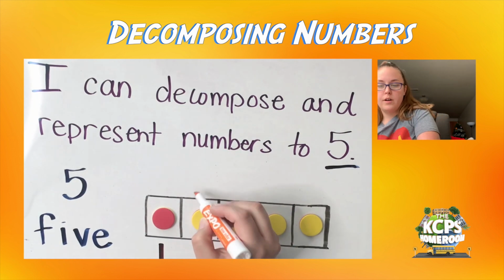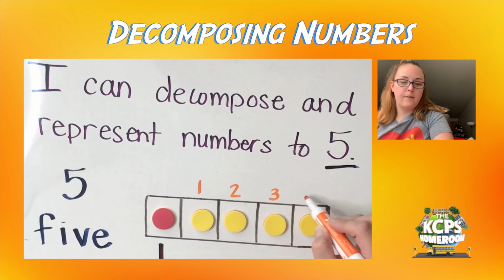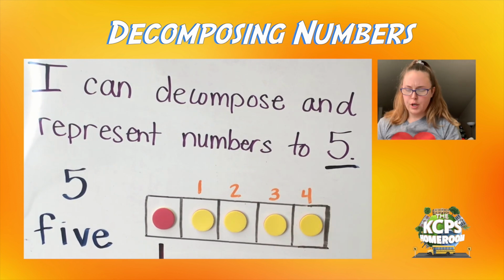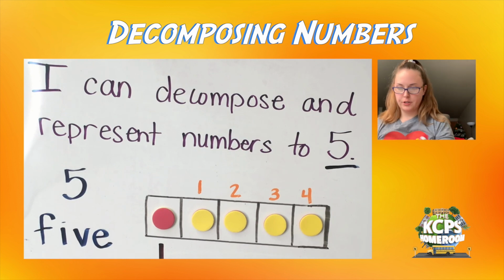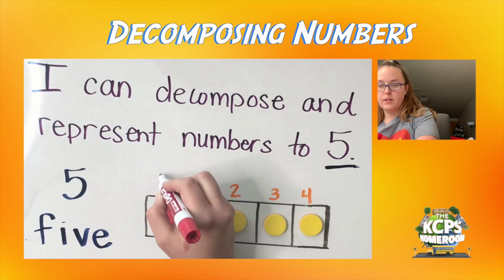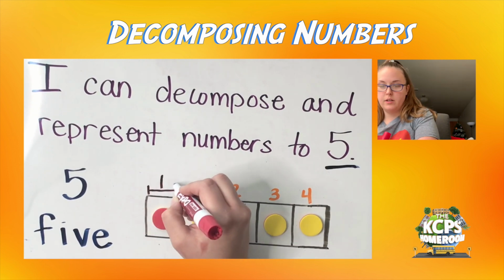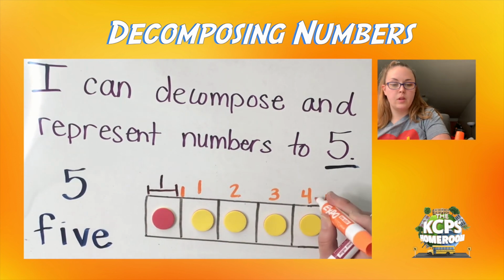So there's 1 yellow, 2, 3, and 4. So I have 1 red counter and 4 yellow counters.